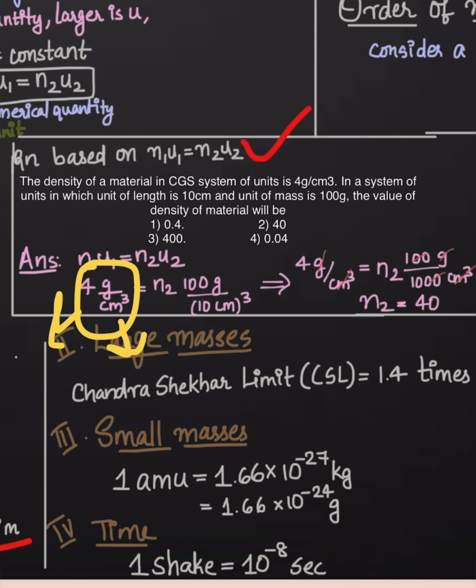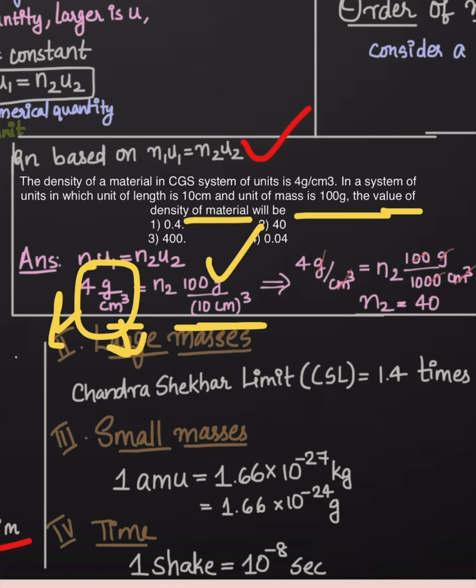In a system of units in which the unit of length is 10 centimeter, L is equal to 10 centimeter, that is 10 centimeter the whole cube, and the unit of mass is 100 gram, n2 into 100 gram.